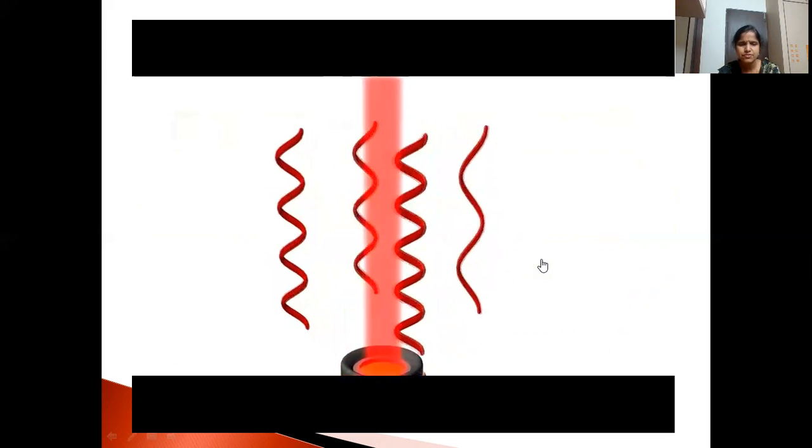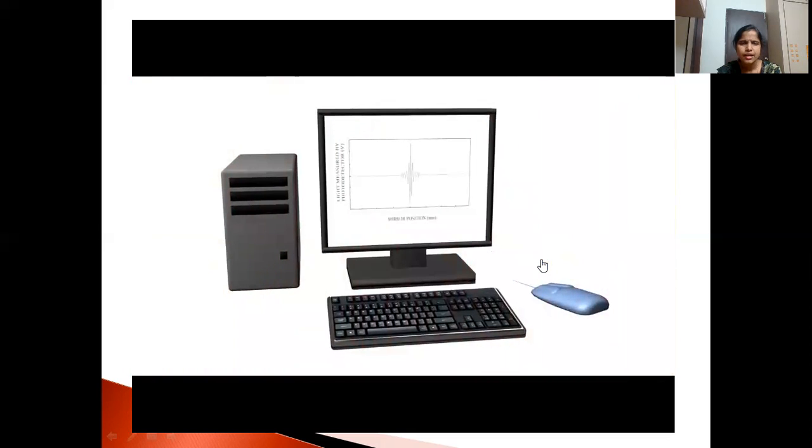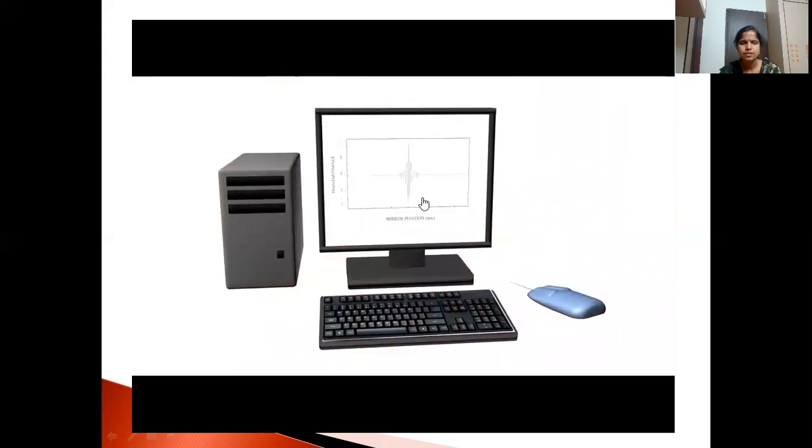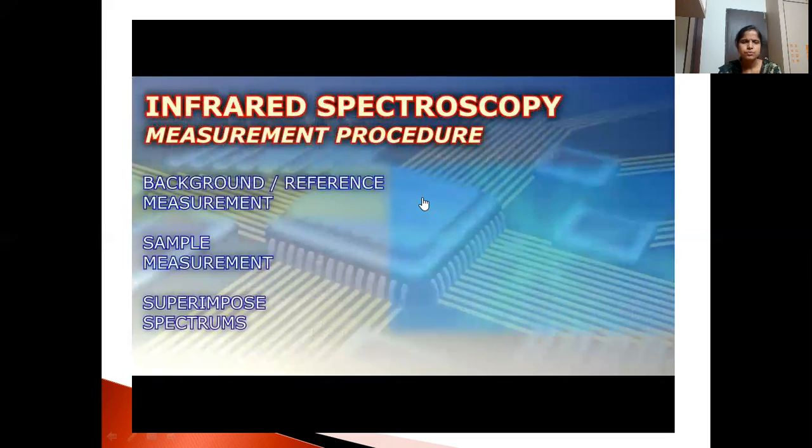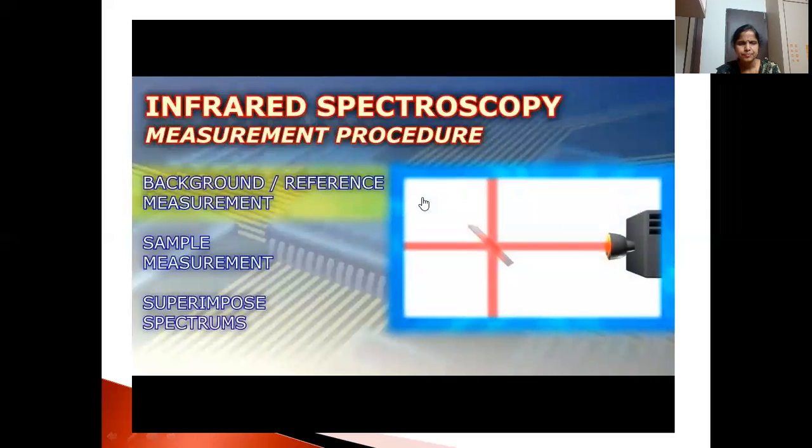These different wavelengths will show this type of spectrum, which is then converted into a frequency domain spectrum. Now we'll see how the spectra will be recorded.